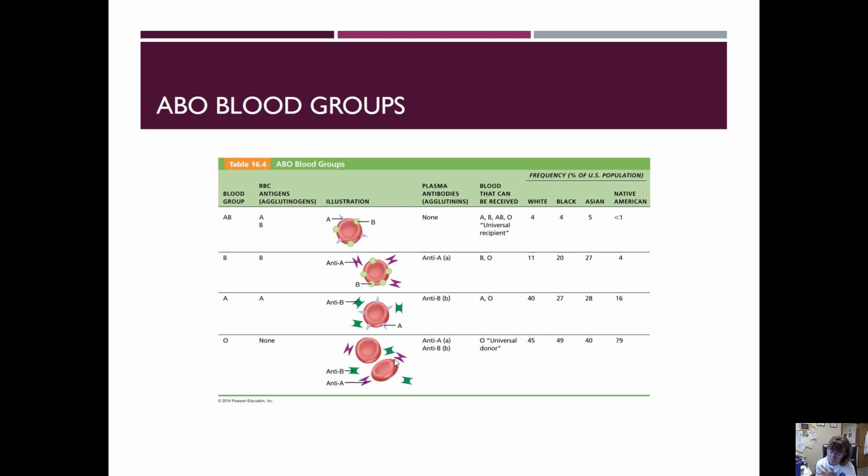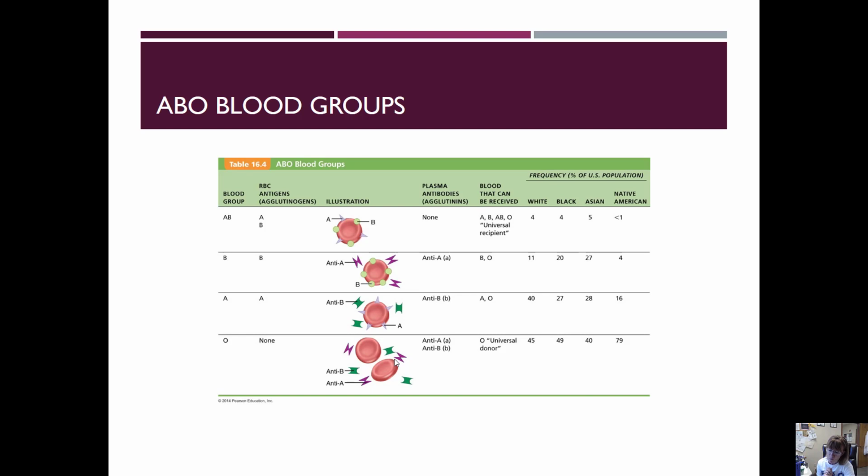Not any of the positives though, because positive people don't make Rh factor antibodies. A negative, on the other hand, any of the Bs would cause a transfusion reaction, including O positive, because a negative person would produce antibodies against the positive antigen.